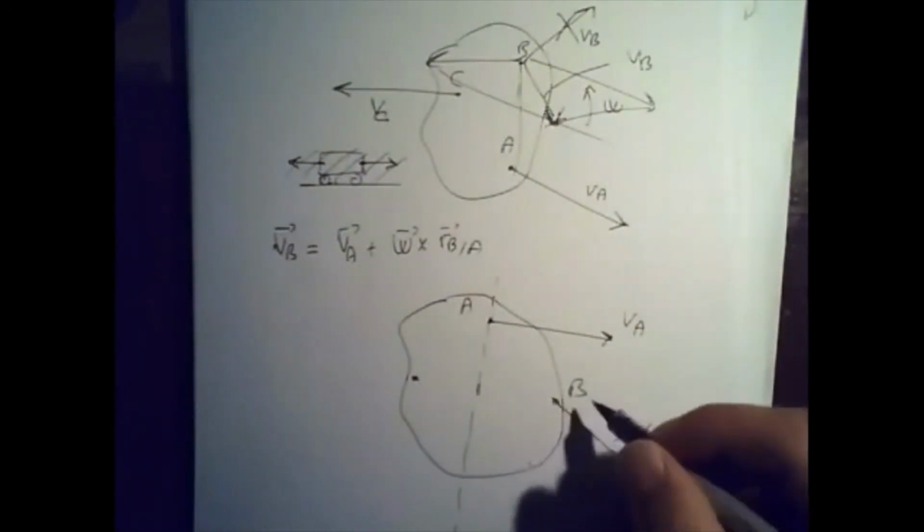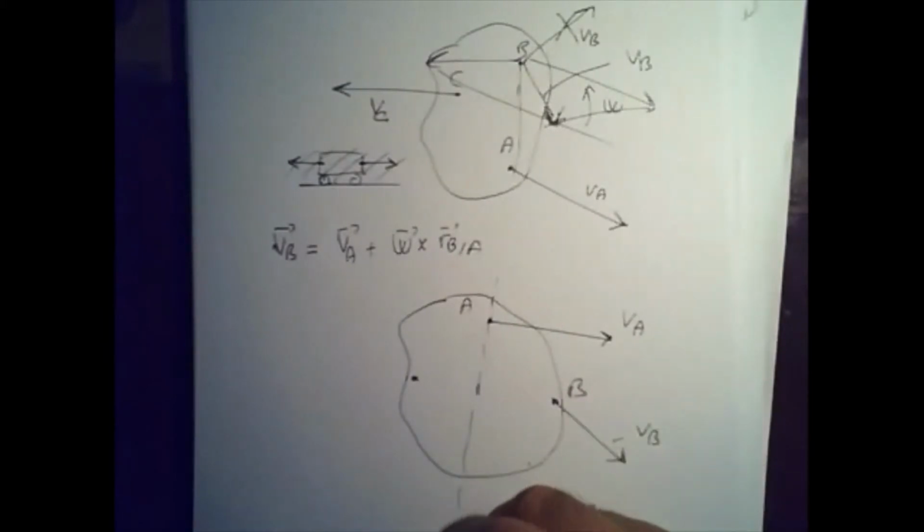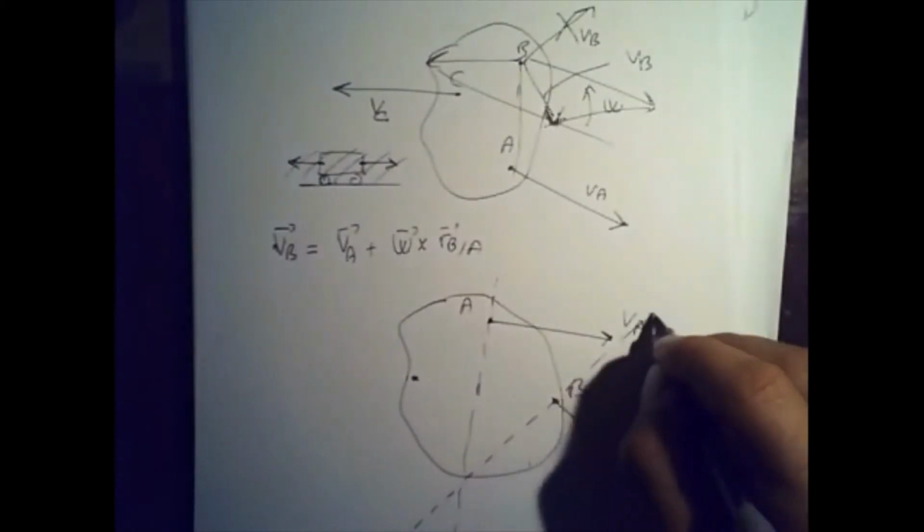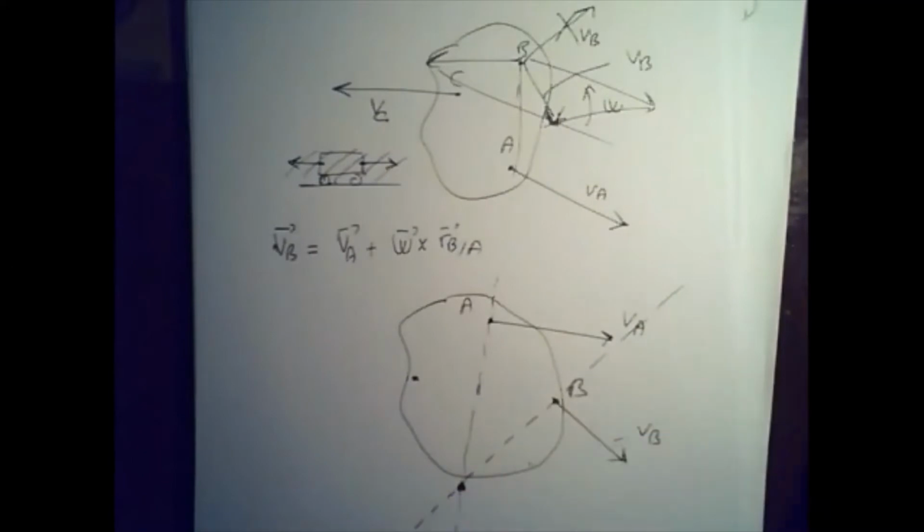And because I have this other velocity vector, I'm going to also draw that. Now my instantaneous center of rotation is here, and I'm going to call it I. The instantaneous center of rotation doesn't have to occur on the rigid body. It could be somewhere outside the rigid body.